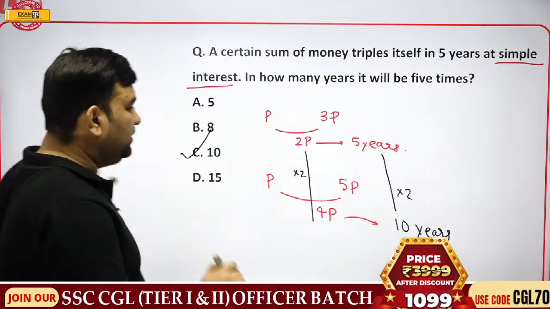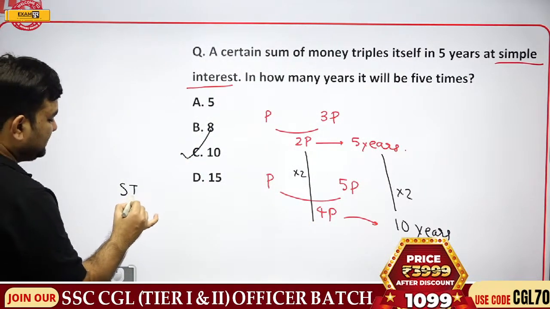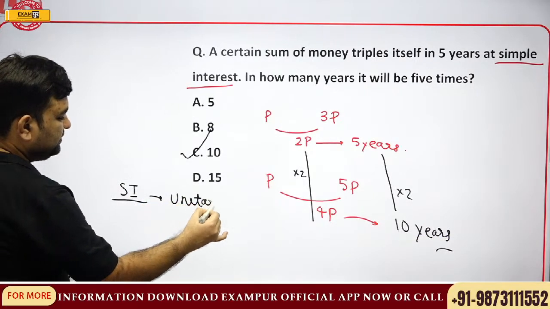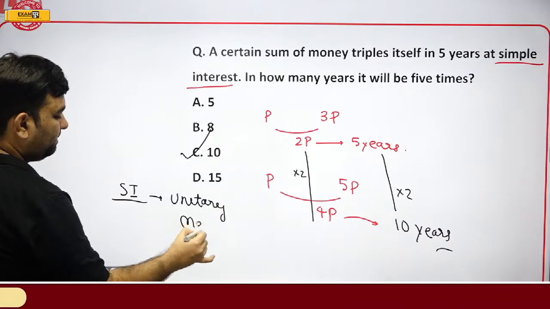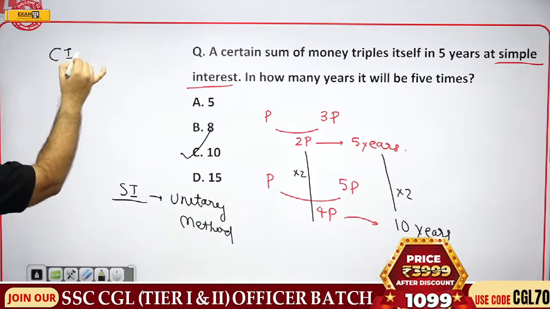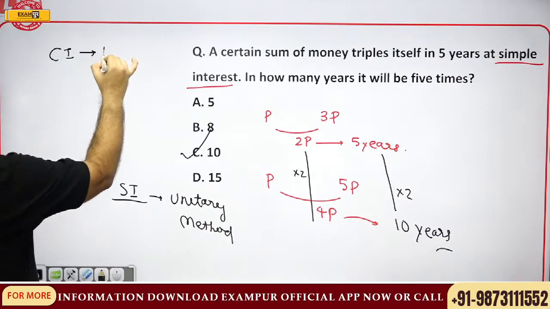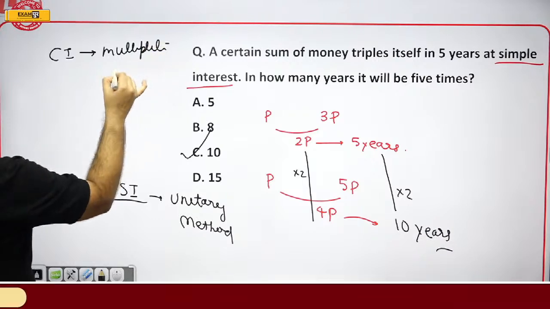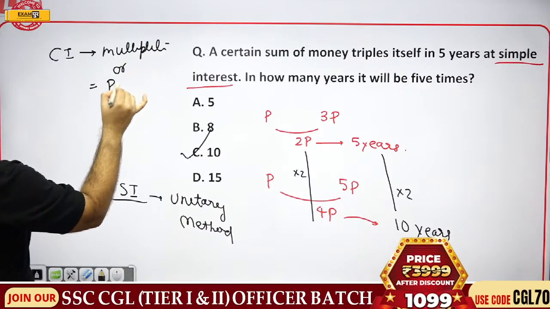So in SI problems we use the unitary method, and in compound interest problems we use multiplication or the power method.